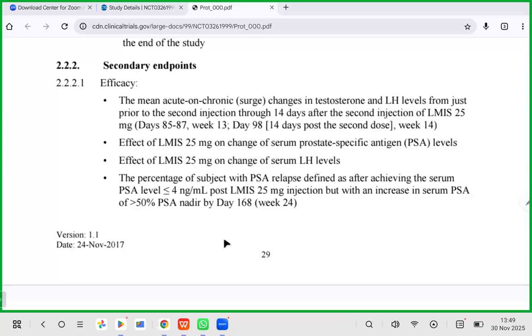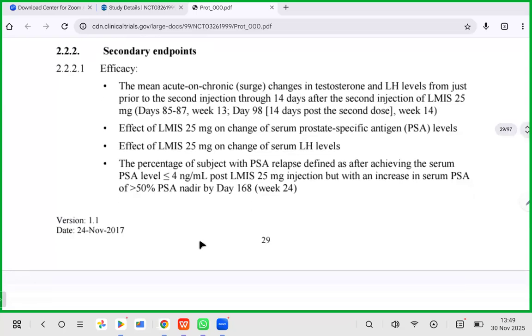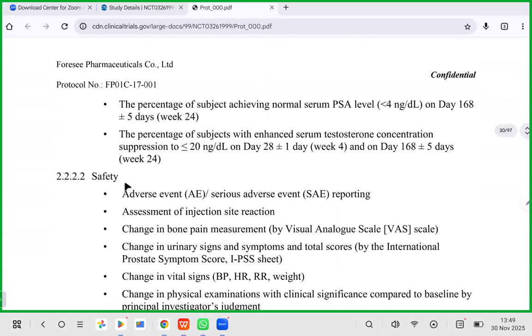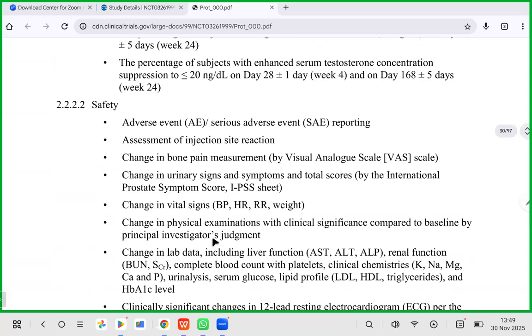Then they will understand the design. They will understand the study is primarily about the safety, efficacy, and pharmacokinetics of the drug. Under safety, they will have tables for adverse events, serious adverse events, and change in bone.